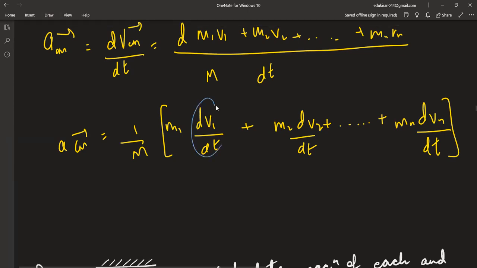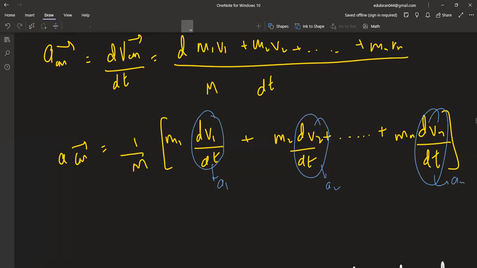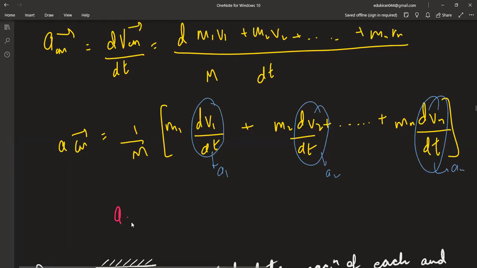So what is this? This becomes acceleration 1, this becomes acceleration 2, this becomes acceleration nth. What is the final formula for acceleration of center of mass?